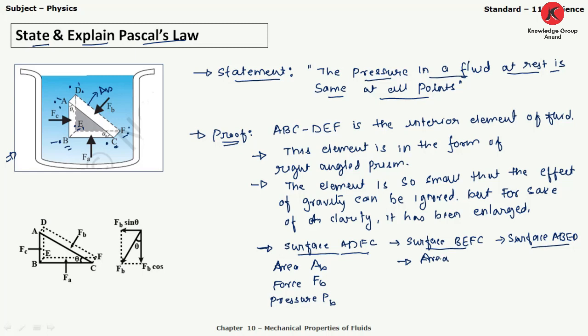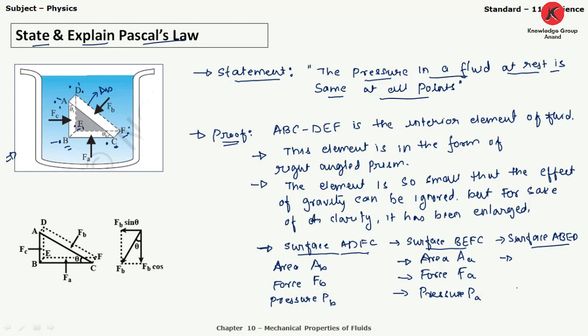In a similar case, for the surface BEFC, here the force is FA, but before that we have area AA. Similarly the force is FA and the pressure is PA. And the last one is the surface ABED, and for surface ABED it's very simple.